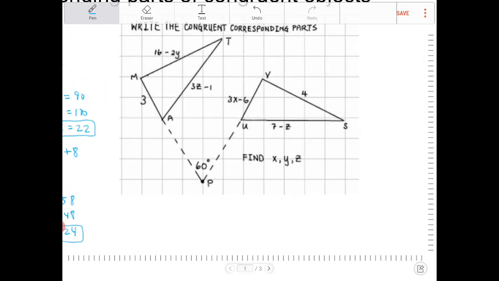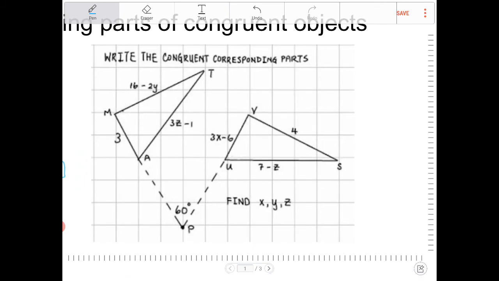All right. Next, very similar manner. Here again, triangle MTA is congruent to triangle VSU.